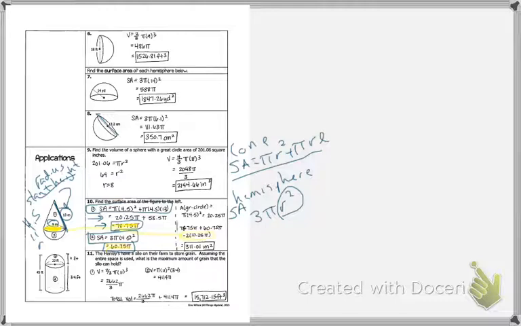You add the cone. You add the hemisphere. And then you got to get rid of just 2 areas of a circle. We already know it's 4.5. So 4.5 squared times pi times 2 gives you that guy. Once you process that, you get your answer.